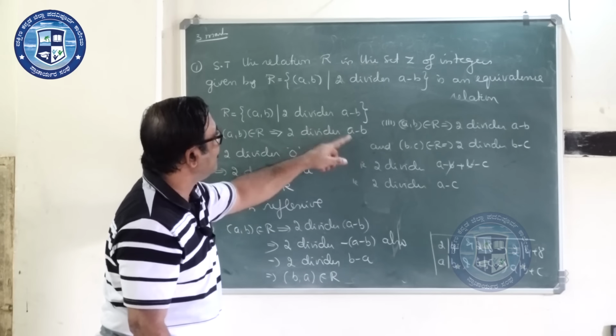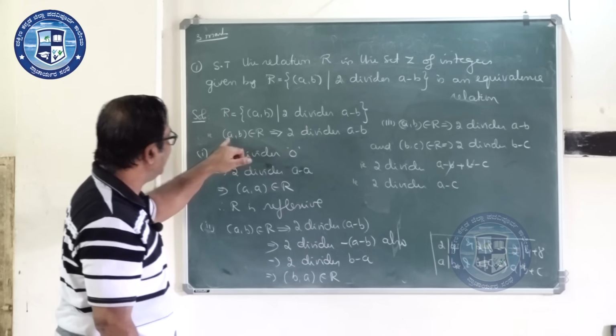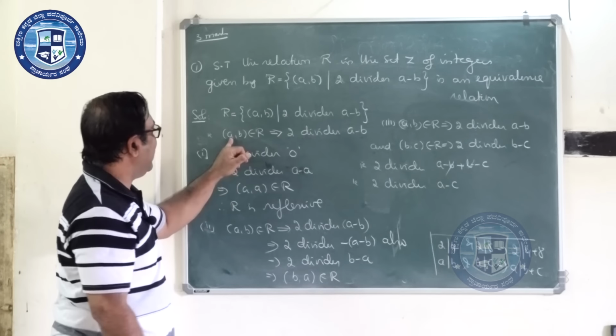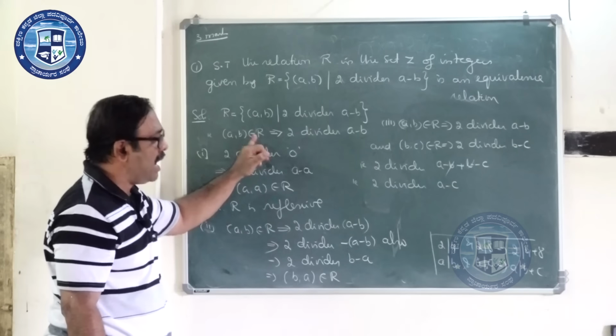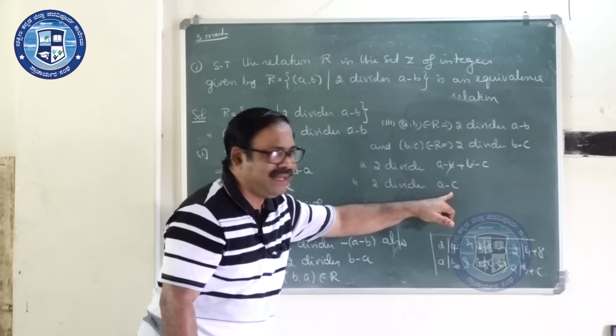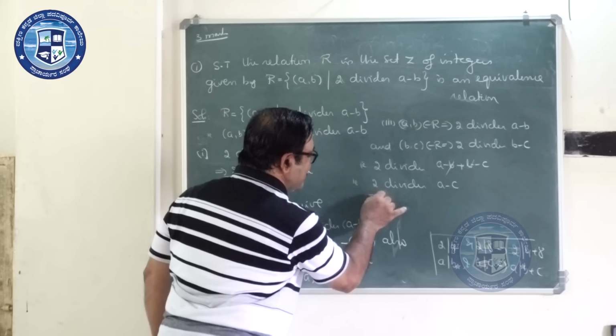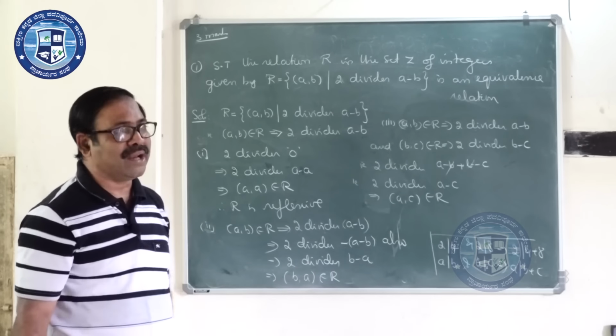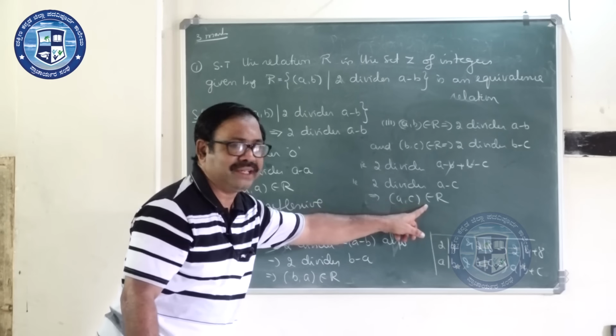Now go to the definition. All of you read the definition once again. 2 divides A minus B means (A, B) belongs to R. 2 divides A minus C, that means (A, C) belongs to R. So what is the conclusion? This is transitive.